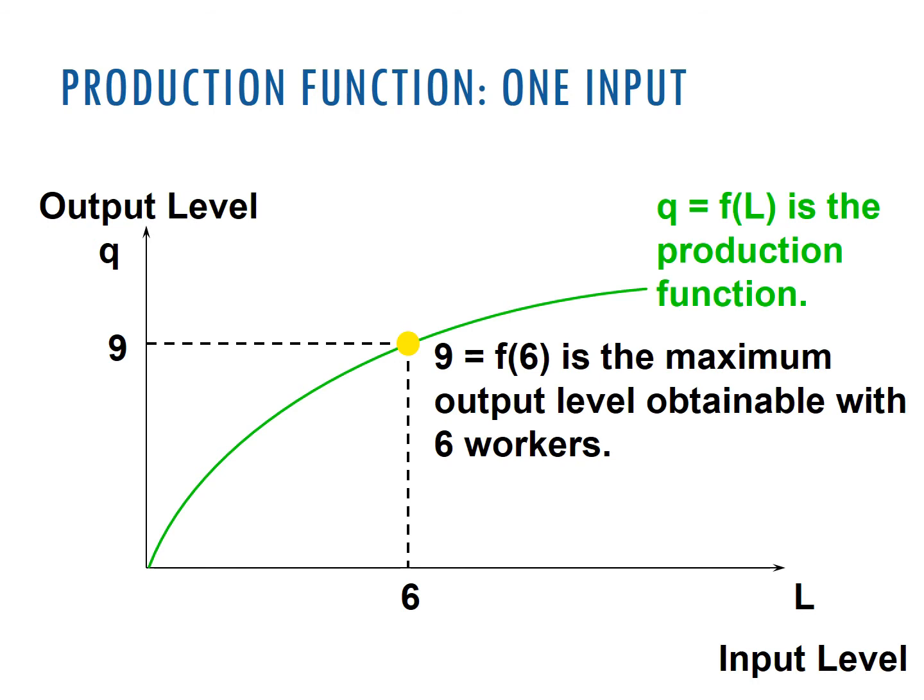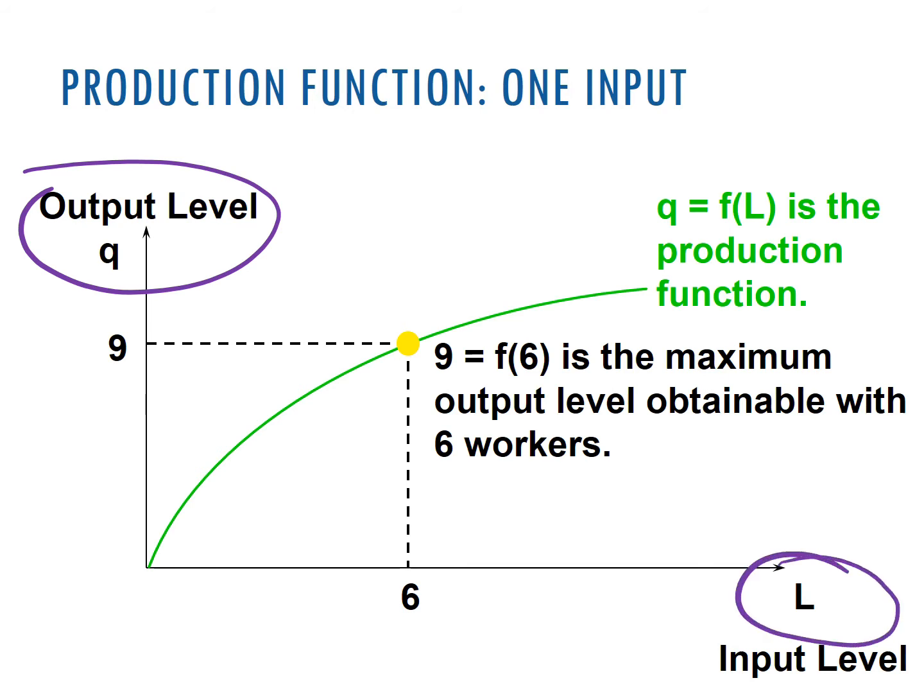So here is a picture of a production function where I have output level or quantity on the y-axis, and we have labor or number of workers on the x-axis. So I'm ignoring capital for the moment. Basically, we can assume that capital is being held fixed.